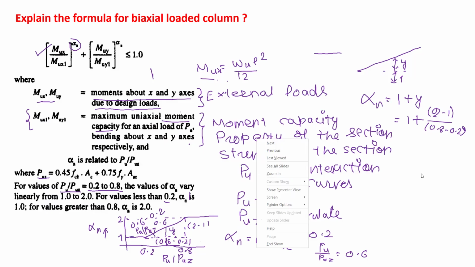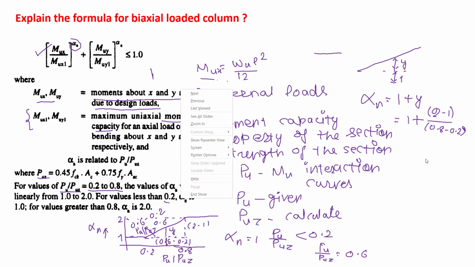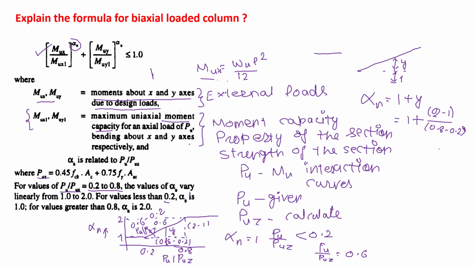We have to multiply this by PU upon PUZ minus 0.2, because it starts from 0.2, and therefore we will get the value of alpha n.